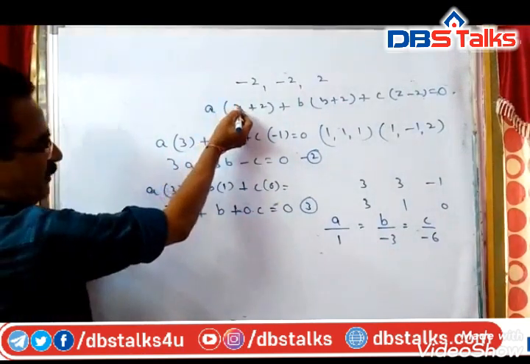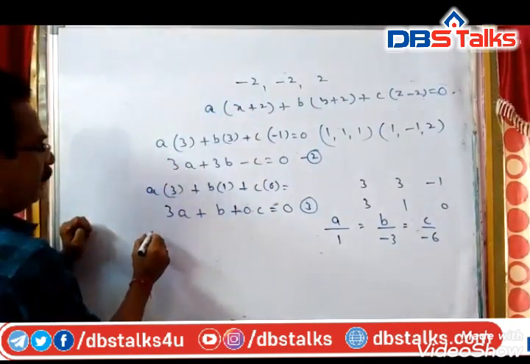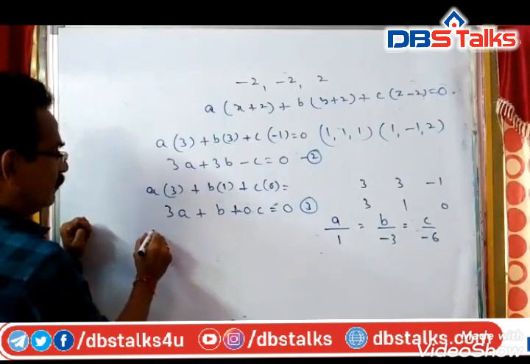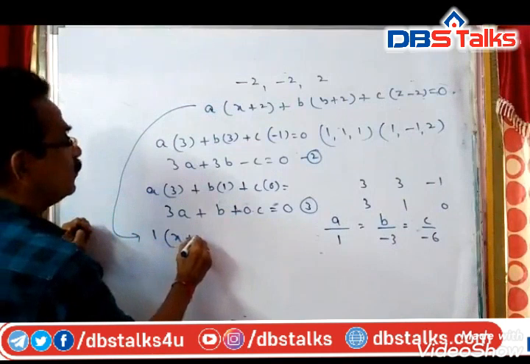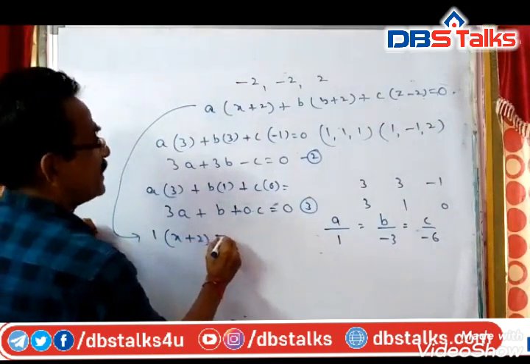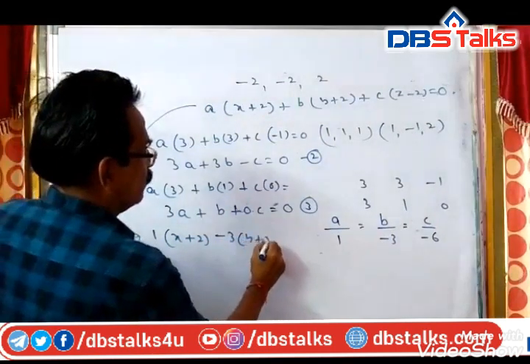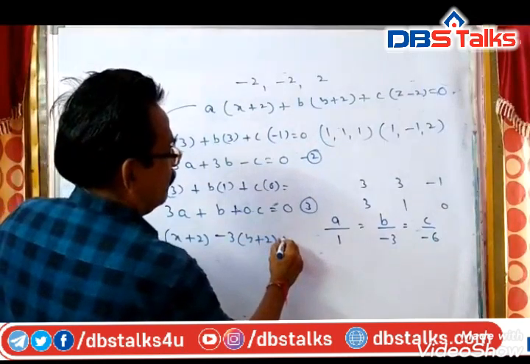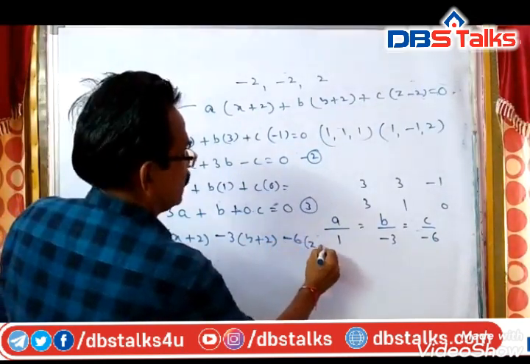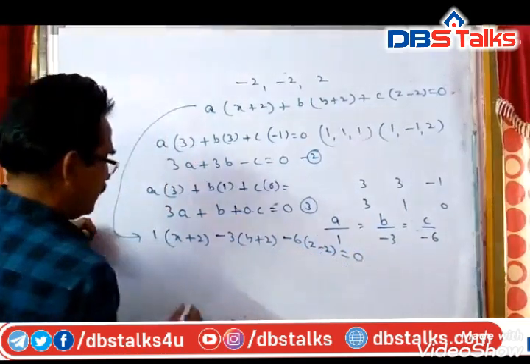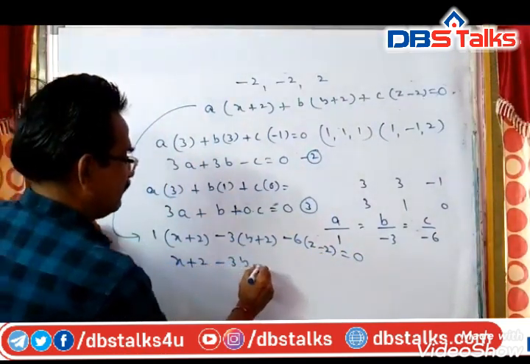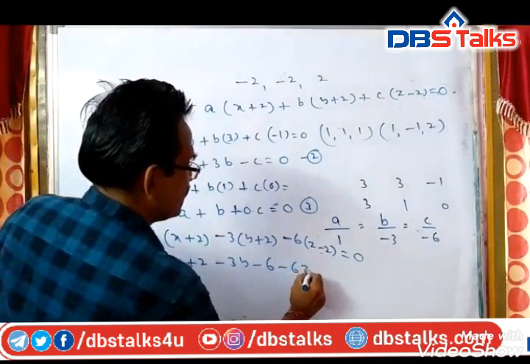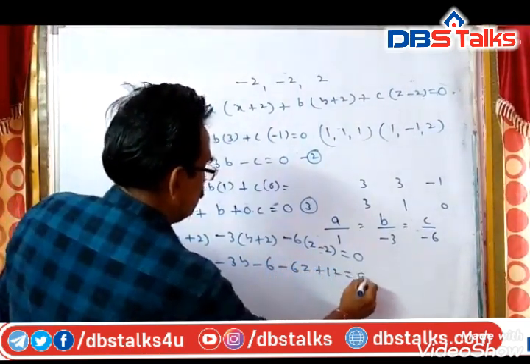Let us substitute these values, friends. Here a = 1: 1(x + 2) - 3(y + 2) - 6(z - 2) = 0. That is x + 2 - 3y - 6 - 6z + 12 = 0.